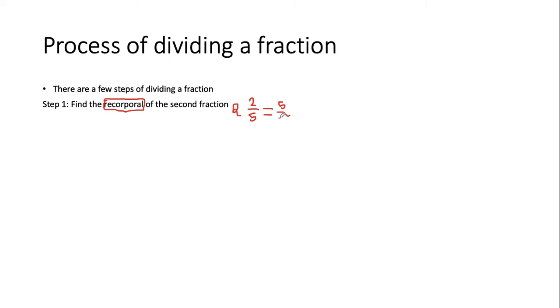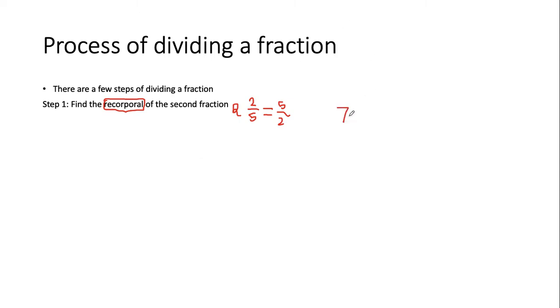And remember, if you multiply 2 over 5 times 5 over 2, it always equals 1. If you multiply a number by the reciprocal of that number, you always get 1, even for whole numbers.